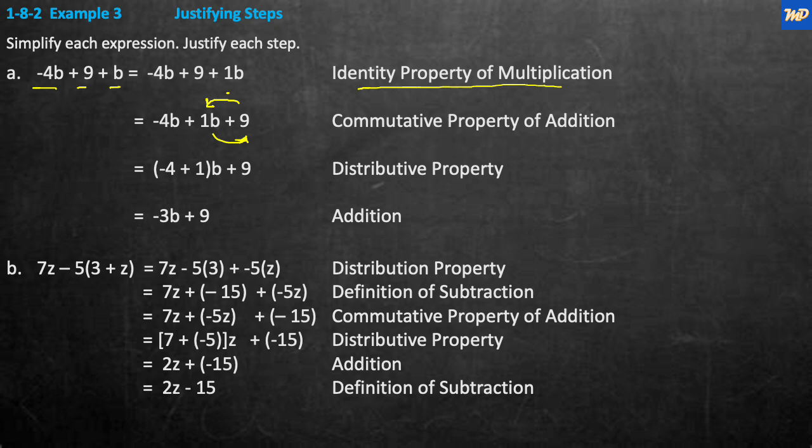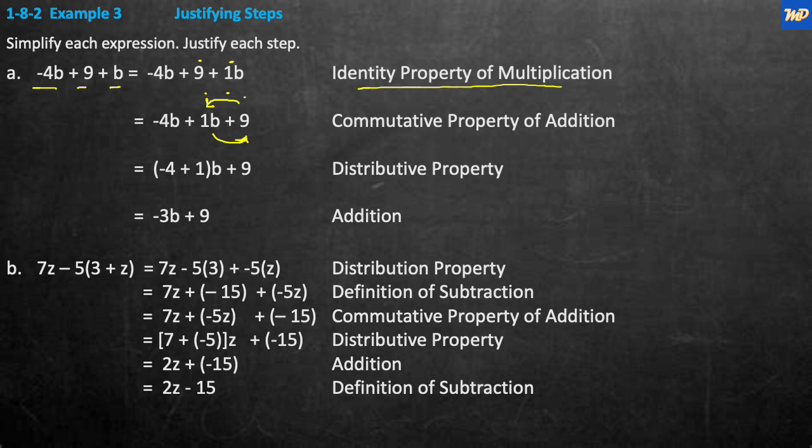So that's basically what I'm trying to show here. The 9 was in the middle and the 1b is at the end. Now 1b is in the middle and the 9 is at the end. So now I have the negative 4b and the plus 1b next to each other. So the next thing I can use is the commutative property of addition. We're adding and we're commuting, we're moving around. That's commuting.